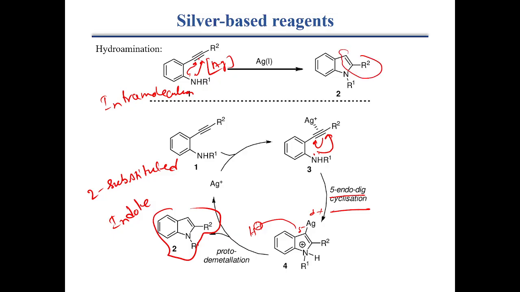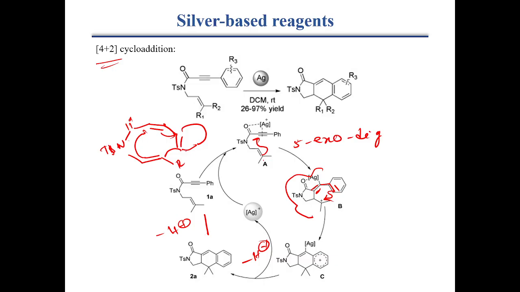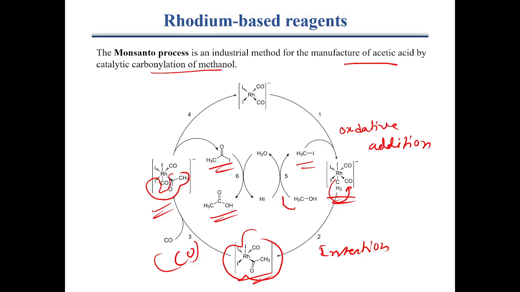So this is called hydroamination. Next, I have discussed the 4 plus 2 cycloaddition reaction by silver-based reagent. Just like silver activates the alkyne, further this double bond reacts, forming the 4 plus 2 product.